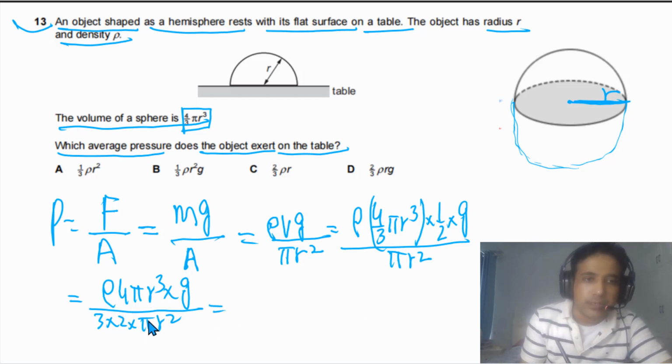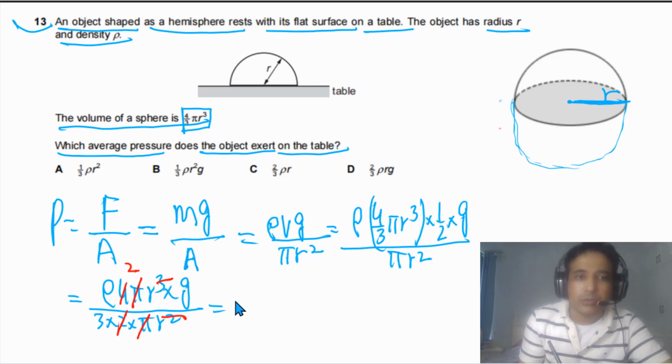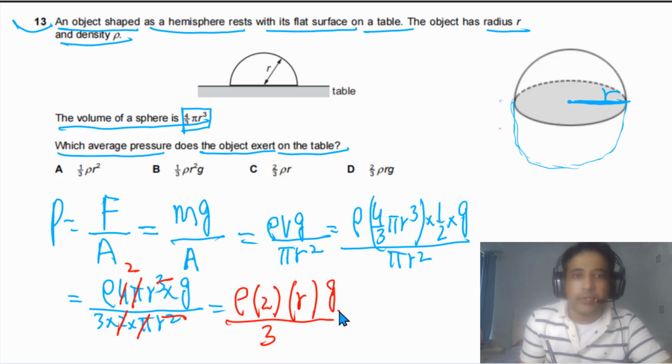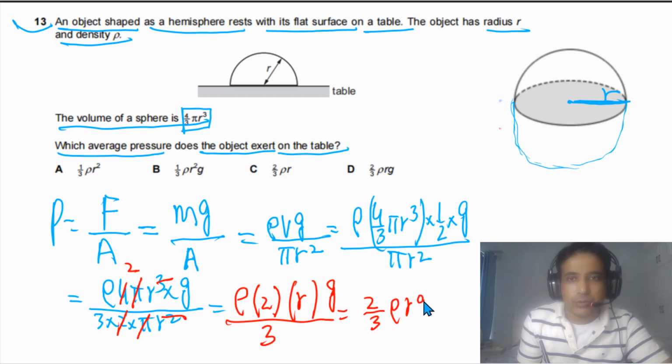We can cancel pi with pi, and cancel 2 with 4, so we get 2 here, and r squared cancels, so we are left with rho, 2, r, and g, divided by 3. So if we simplify, this is 2/3 rho r g. So the final answer for this question has to be D. So this is the answer.